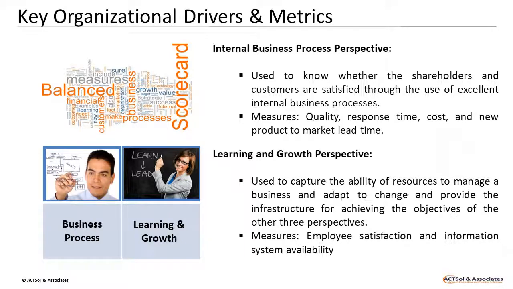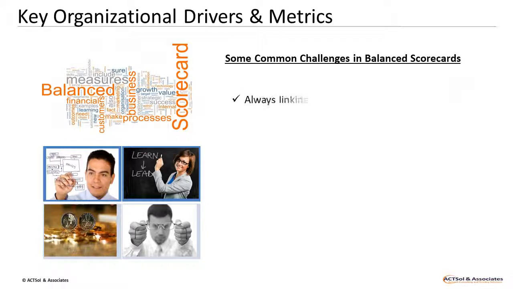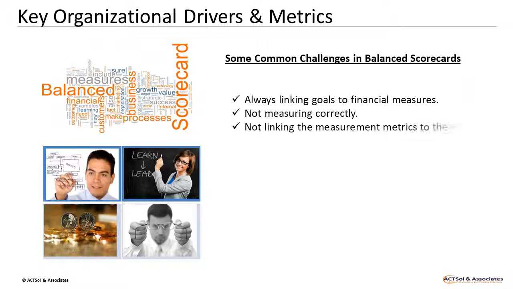Ideally, when a balanced scorecard is introduced, you always will be able to answer 2 questions. Why do we do this? How do we know we are on the right track? Some of the common challenges in building and using a balanced scorecard are: Number 1, always linking goals to financial measures. Number 2, not measuring correctly, that is, the measurement system has flaws. Number 3, not linking the measurement metrics to the overall strategy of the organization.